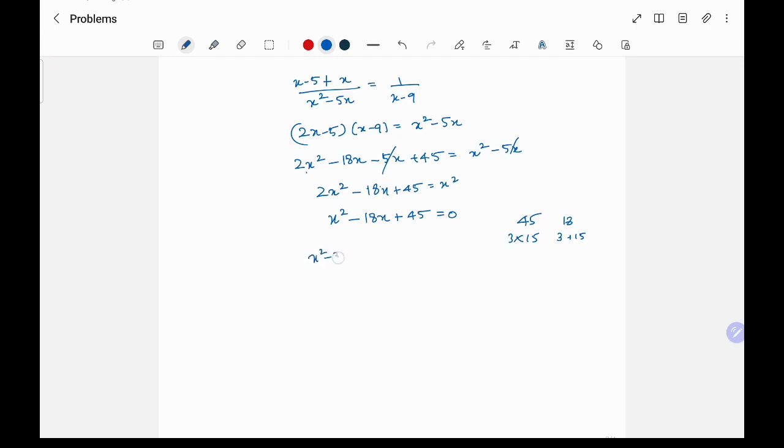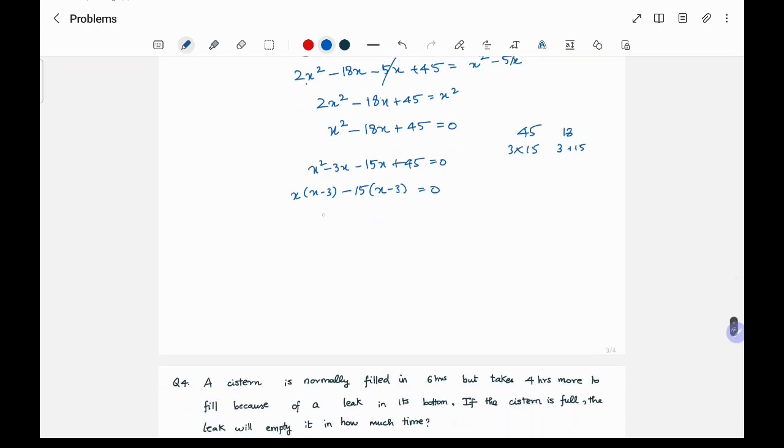So x square minus 3x minus 15x plus 45 equal to 0. x into x minus 3 minus 15 into x minus 3 equal to 0. So x minus 3 into x minus 15 equal to 0. So x is either 3 or 15.